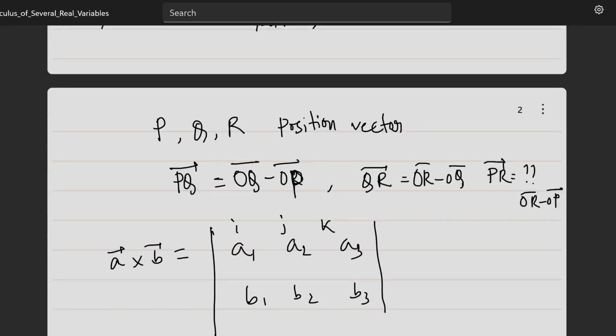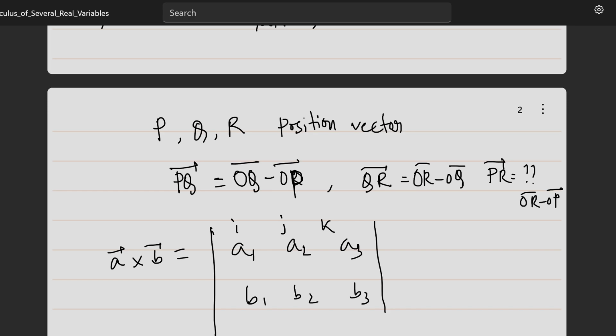Suppose theta is the angle between A and B. It gives us a vector perpendicular to the plane containing the constituent vectors. Yeah, correct. So the cross product is a vector in the direction perpendicular to the plane where both A and B lie.